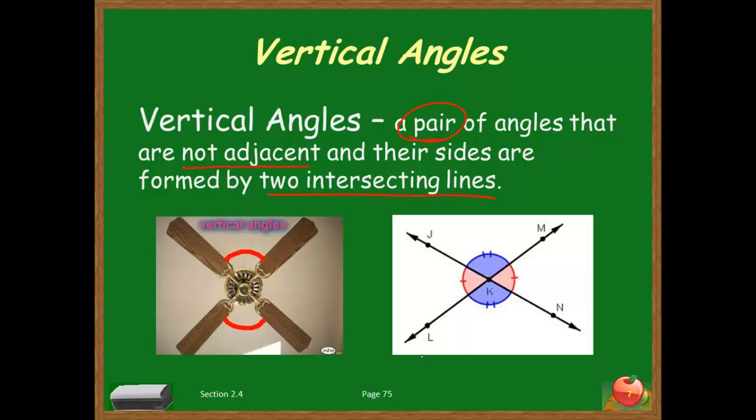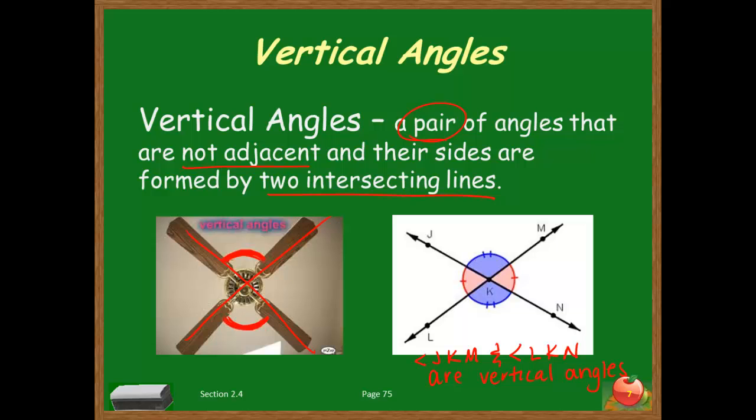In this picture, angle JKM and angle LKN are vertical angles. The picture of the ceiling fan shows vertical angles because they are formed by two intersecting lines.